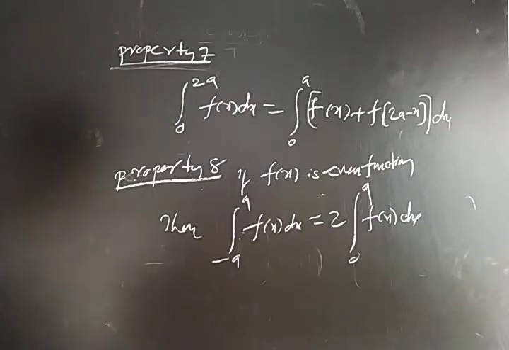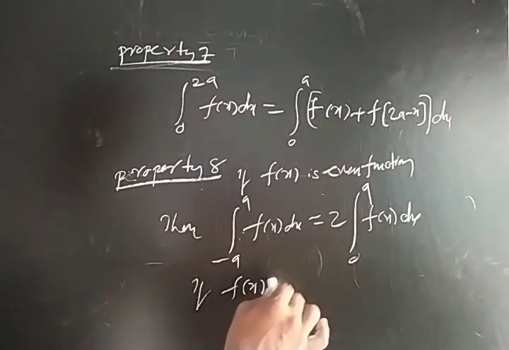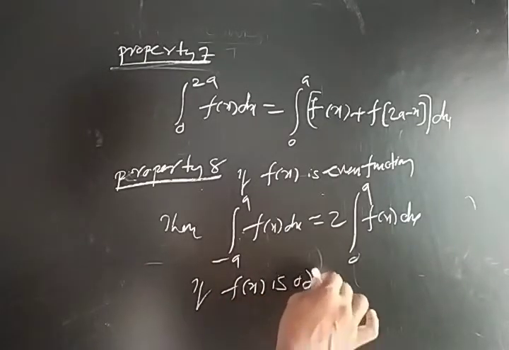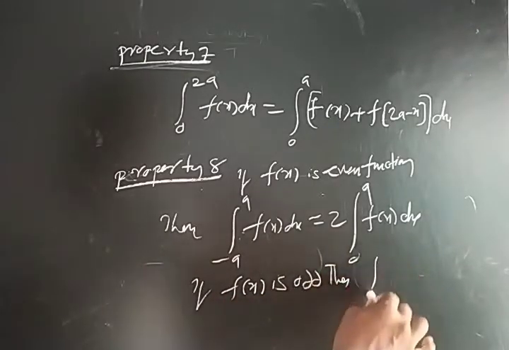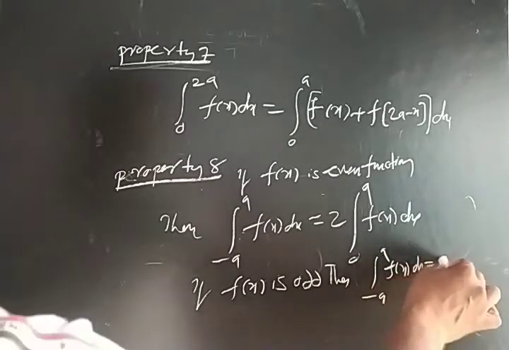If f of x is odd function, then minus a to a f of x dx will be 0.